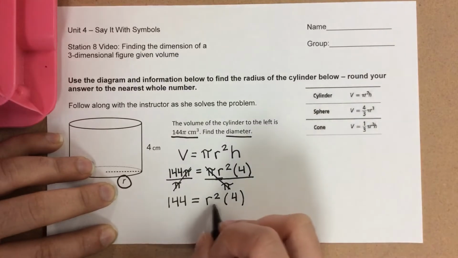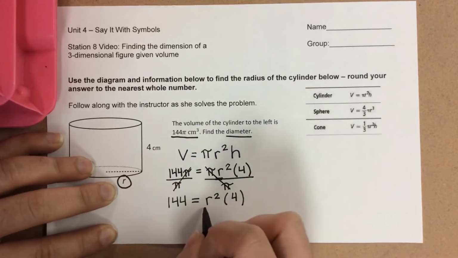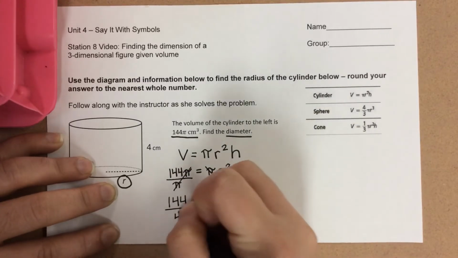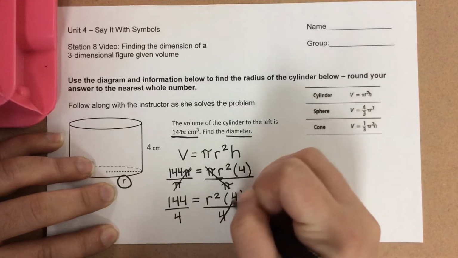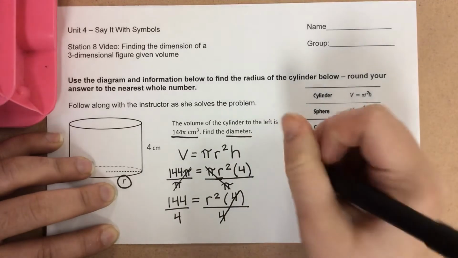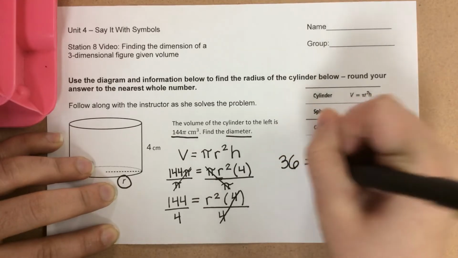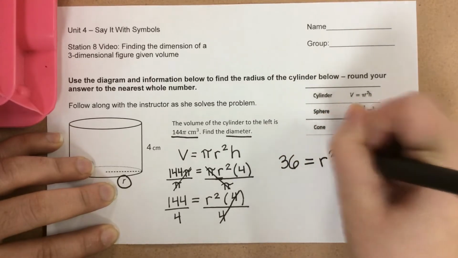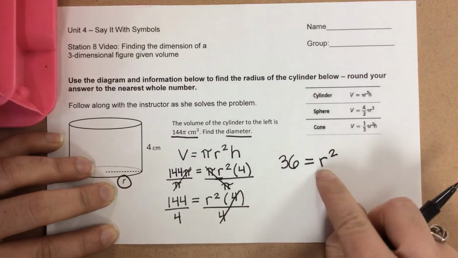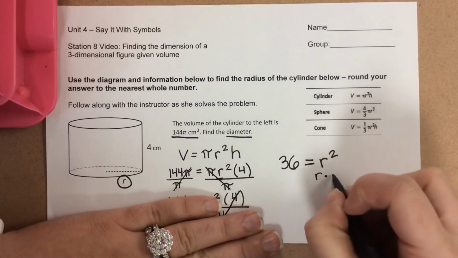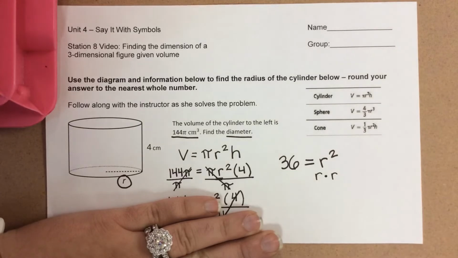Now, the opposite of multiplying r squared by 4 would be dividing by 4. So by dividing both sides by 4, 4 divided by 4, that would be 1. I end up with 36 is going to equal the radius squared. Now we need to remember radius squared is the same as multiplying the radius by itself, r times r.